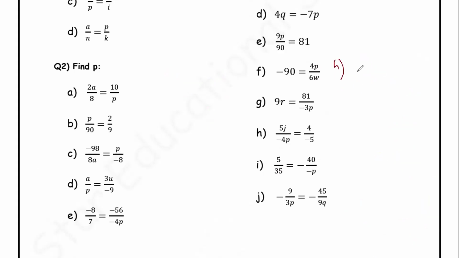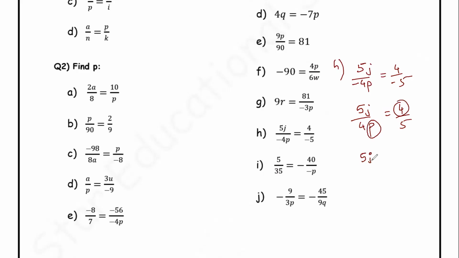H. 5J upon negative 4P is equal to 4 upon negative 5. Negative negative makes it positive, so we can simplify this whole expression first as positive. We got rid of the negative sign. Now I'm going to interchange P with 4.